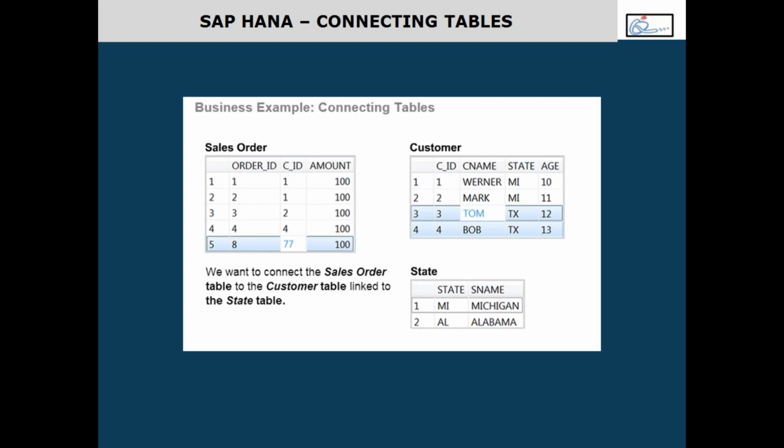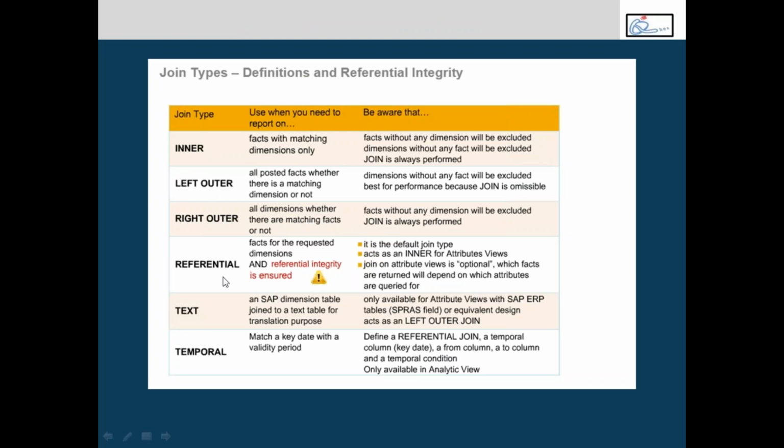Then there's a table join called text join. I told you, when you have a table which maintains descriptions in multiple languages and has a language field, in SAP you will see a language field called SPRAS. In that case, you go with text join, which we already discussed.